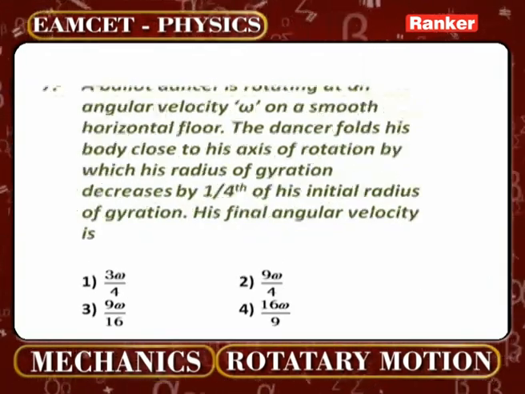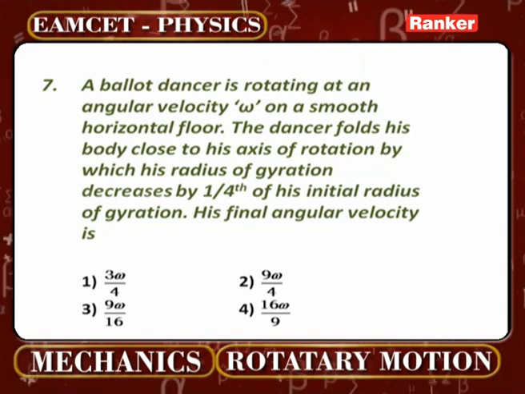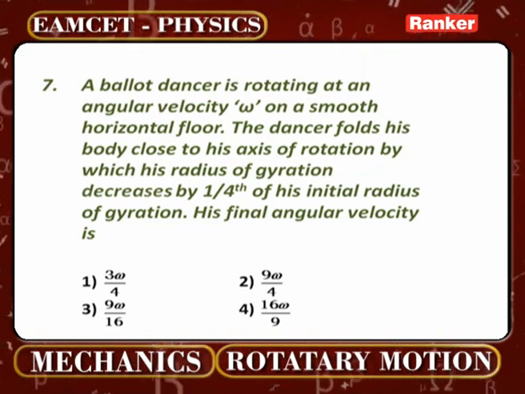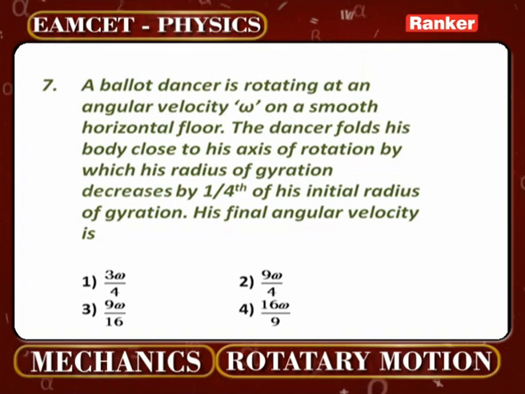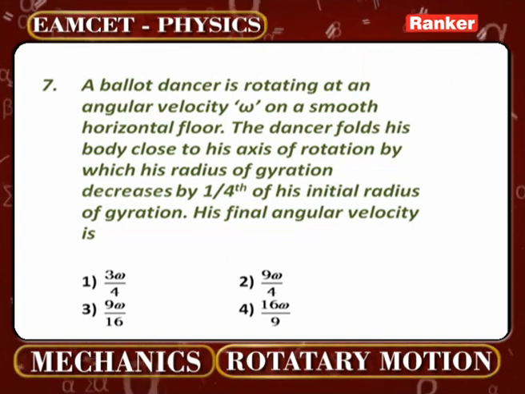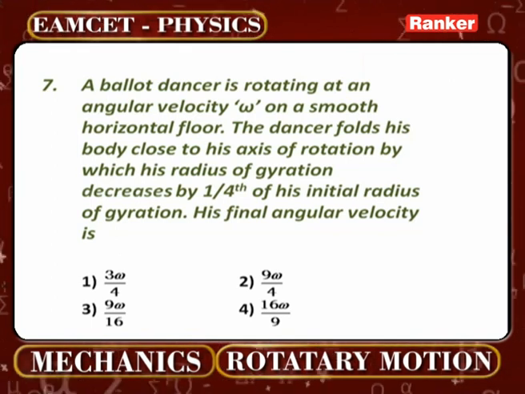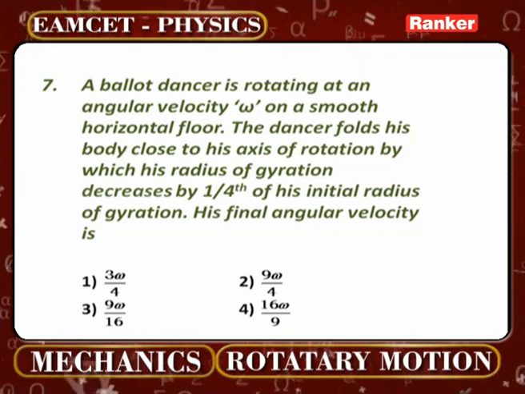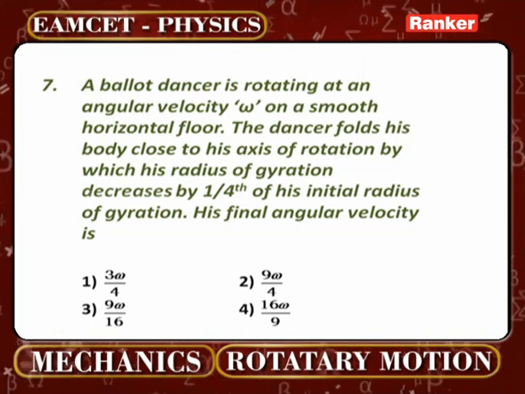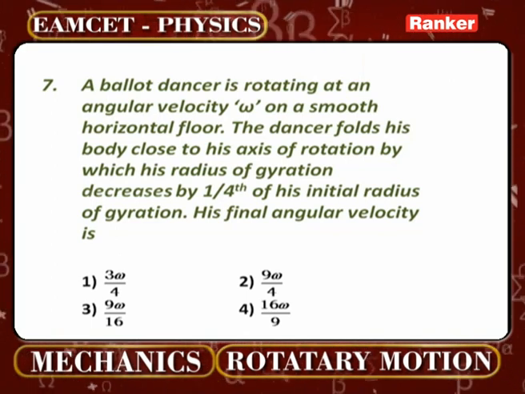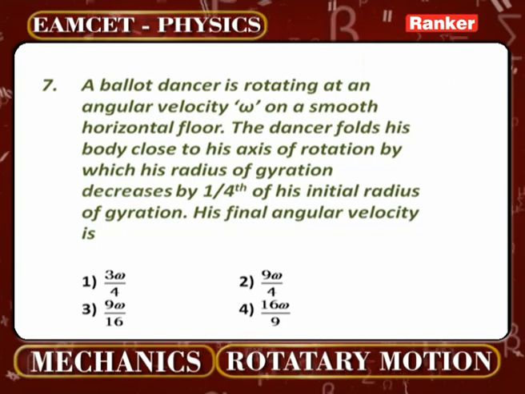A bit different model this time. A ballet dancer is rotating at an angular velocity omega on a smooth horizontal floor. The dancer folds his body close to his axis of rotation, by which his radius of gyration decreases by 1/4 of his initial radius of gyration.